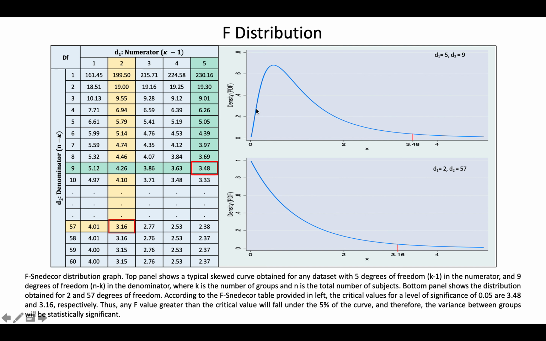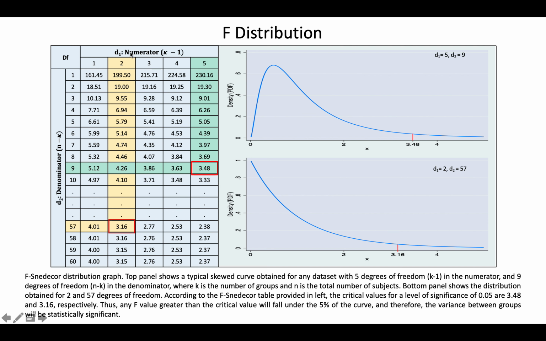You see that the distribution is quite different from this one, and the distribution I'm using here is based on 2 degrees of freedom in the numerator and 57 degrees of freedom in the denominator.